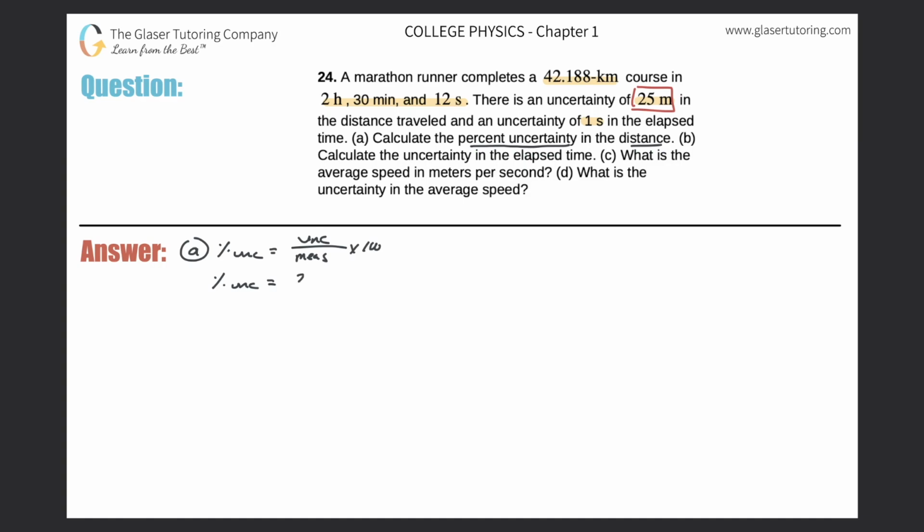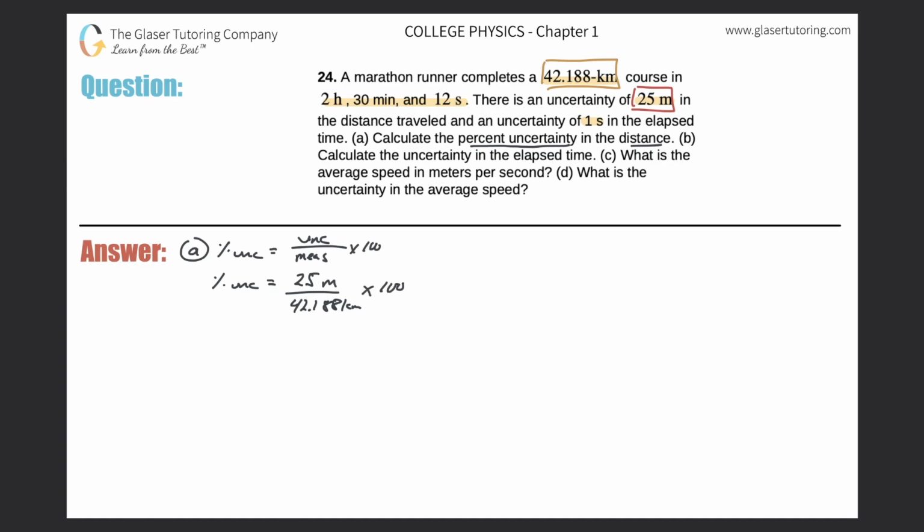So that's the value that goes in the numerator, 25 meters, divided by the measurement of the distance, which was 42.188 kilometers, multiplied by 100.